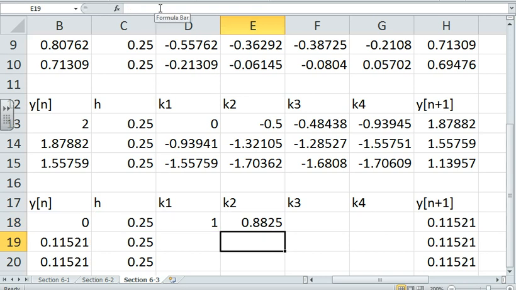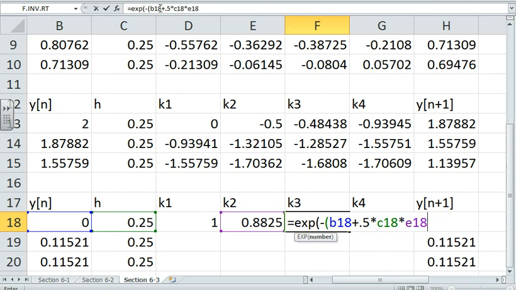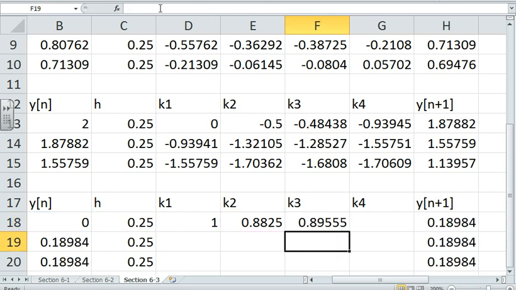Enter. Alright, K3 equals EXP of minus parentheses B18 plus 0.5 times C18 times K2, which is E18. Two parentheses later, goes in.